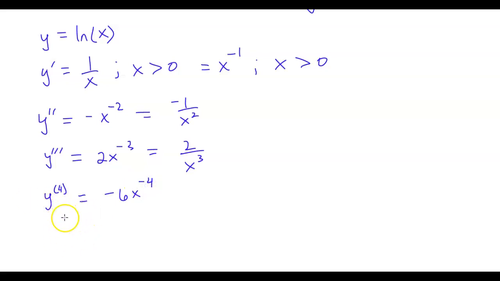And if I kept on going here, then hopefully you're starting to see that as I keep on going, I'm not going to have a way to be able to express the nth derivative of natural log of x as just a simple finite basis of functions. So here I'm just going to keep on going.